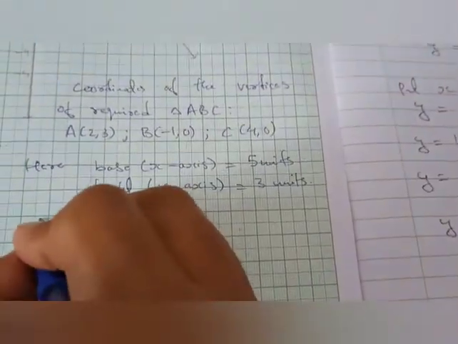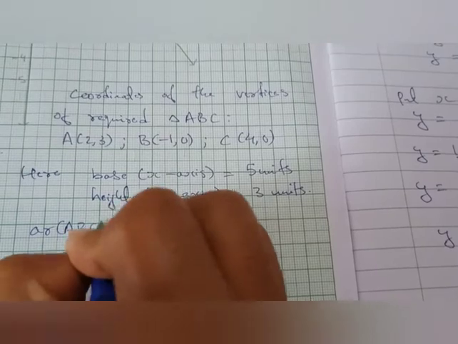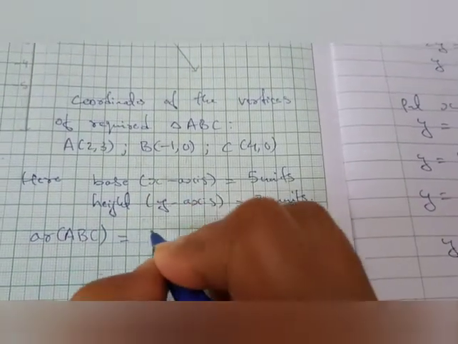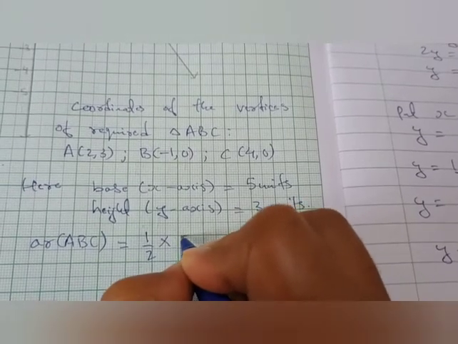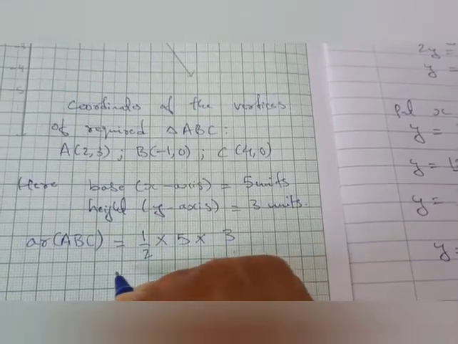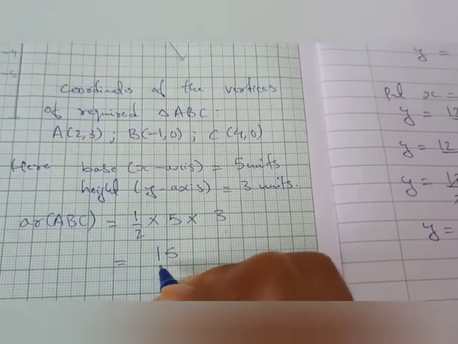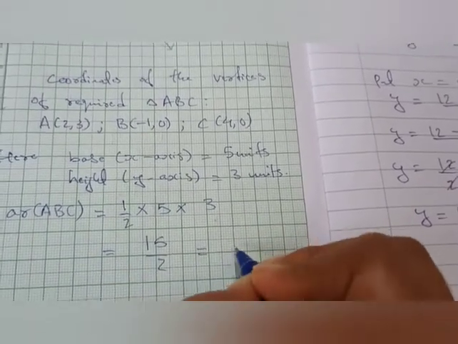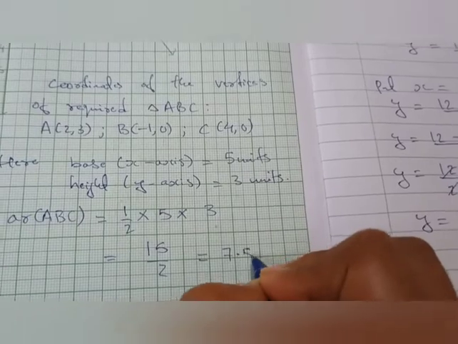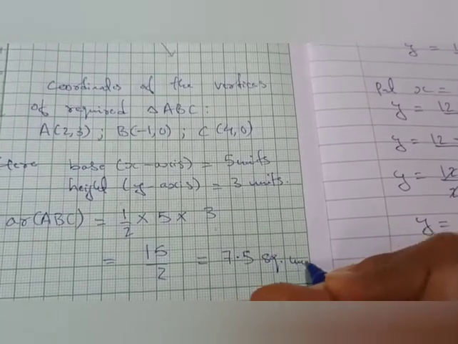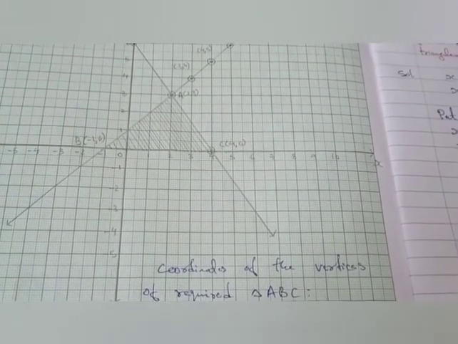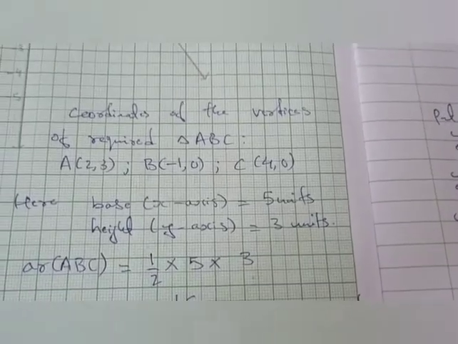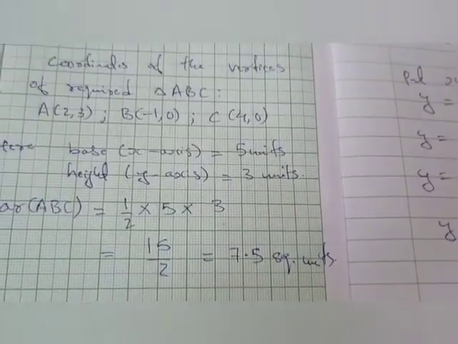So area of triangle ABC equals half into base 5 into height 3. 5 threes are 15, 15 times 1 is 15, so 15 by 2 square units, or we can say 7.5 square units. So we have got everything. We have made the graphical solution, we located the triangle formed by the lines and the x-axis, we figured out the coordinates and also calculated the area.